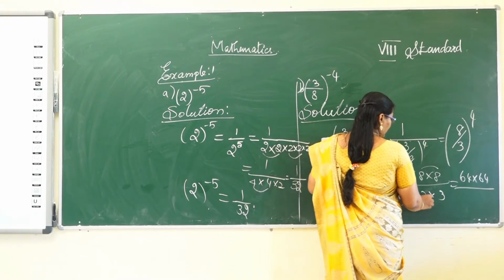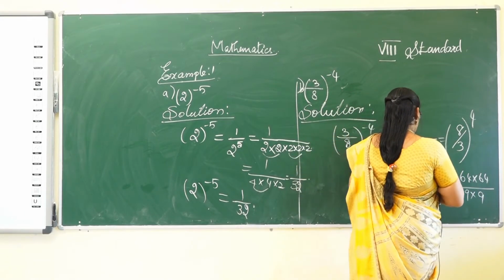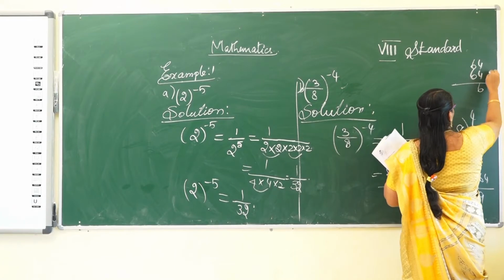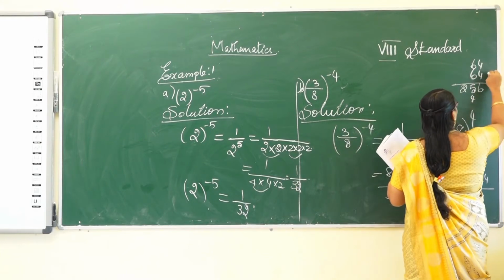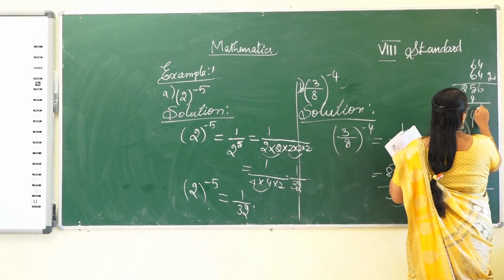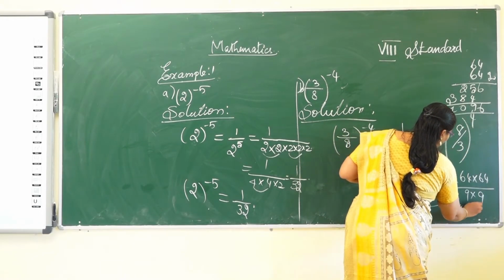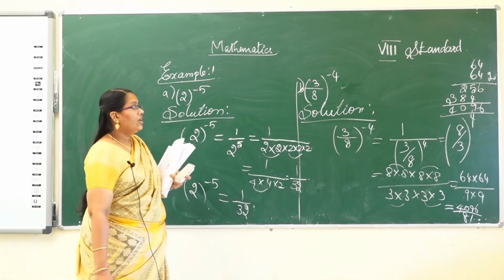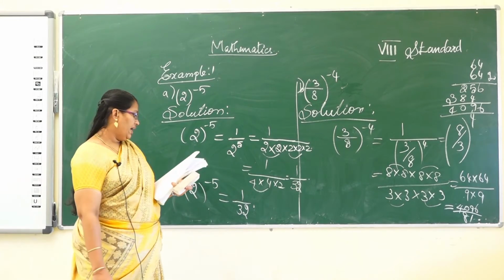Here 3 3s are 9, 9 9s are 81. So the value of 3 by 8 the whole power minus 4 is 4096 divided by 81.